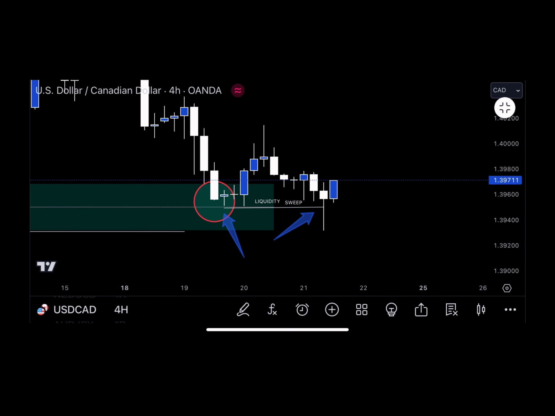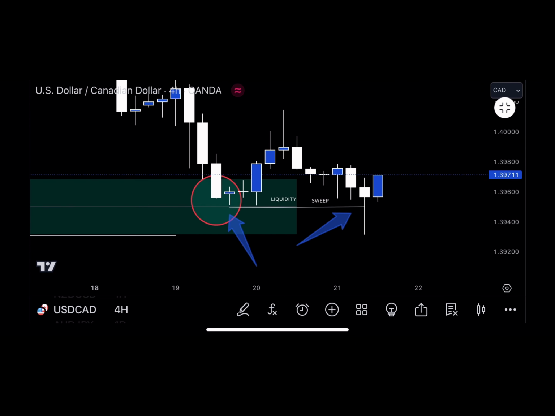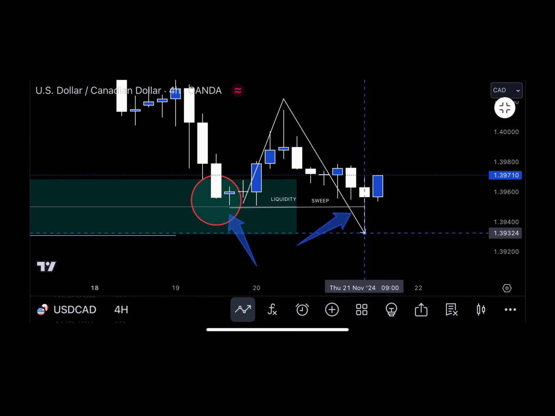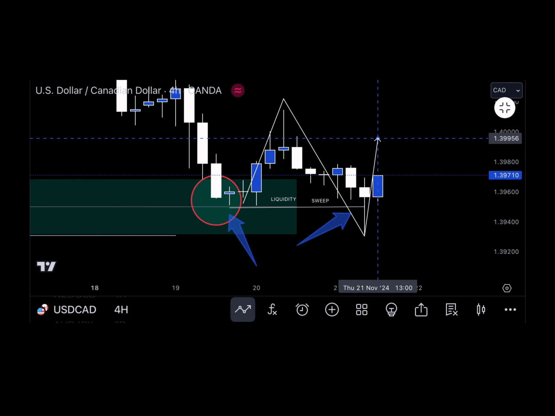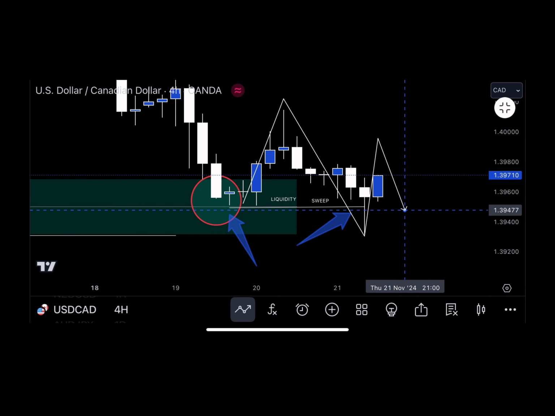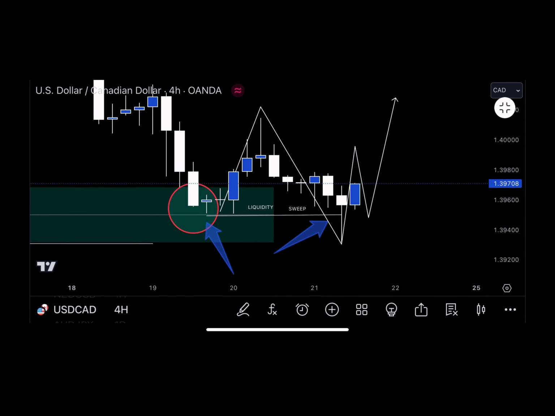So the market went up ASAP and didn't close below it. The big players tricked everyone into buying this asset, but eventually they dropped the price down and took a lot of liquidity before going up. So I'm expecting this to happen, closing up here, coming down before we can join the ride up with them.